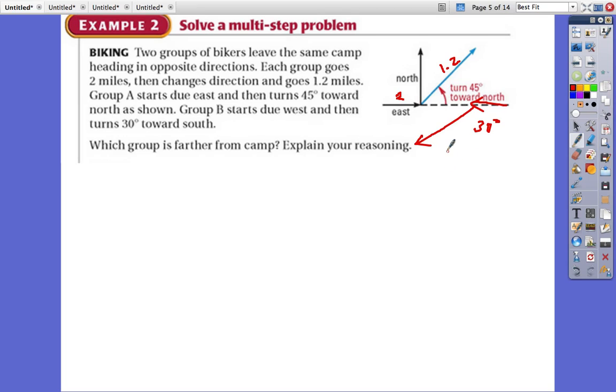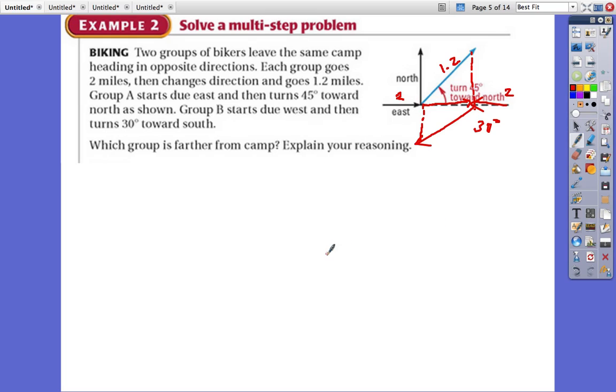Now if you look at these two triangles, we can form a triangle by going like this. We can move this arrow right here and it'll form two triangles.